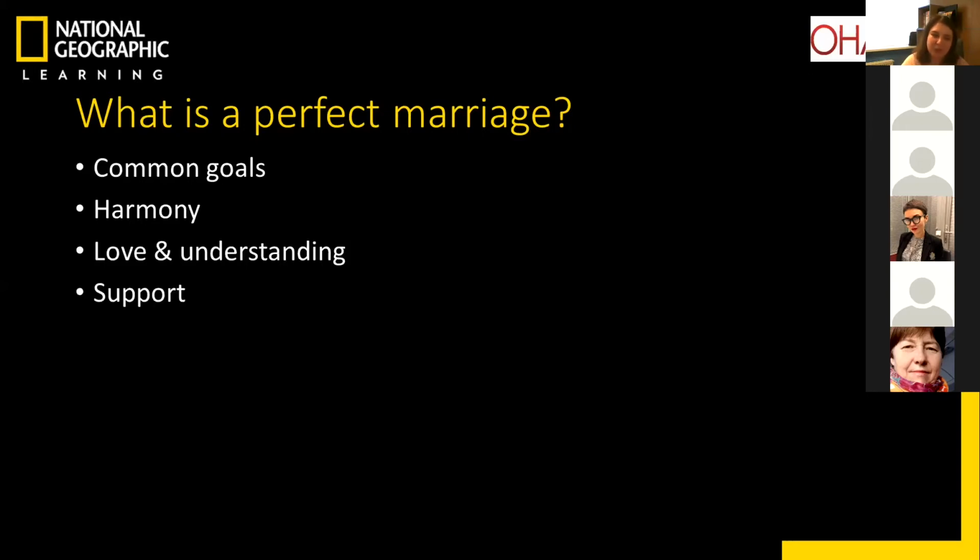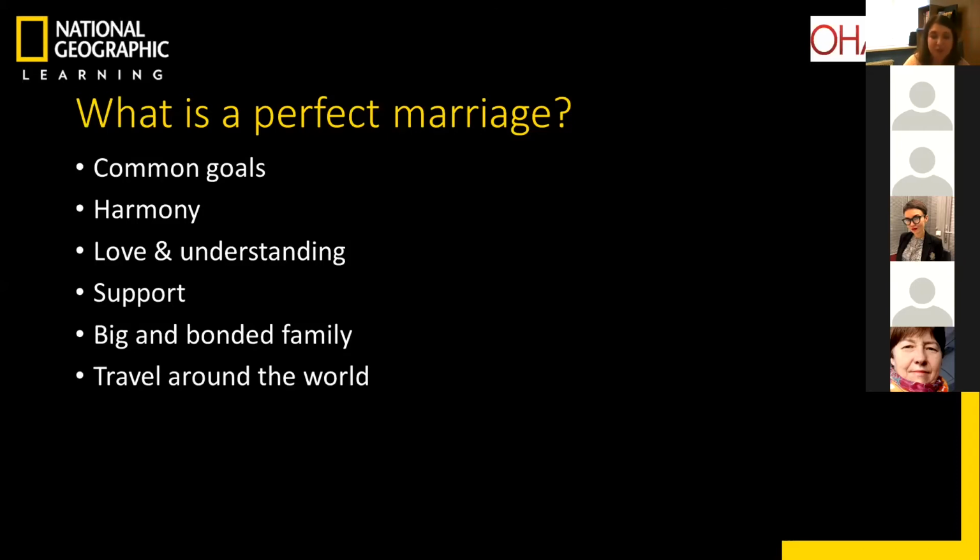One more important factor is that both the husband and wife support each other, whatever they want to do. Then, the perfect marriage is when we have big and bonded families, and when we have an opportunity to travel around the world.